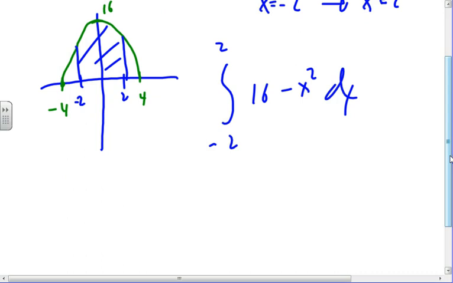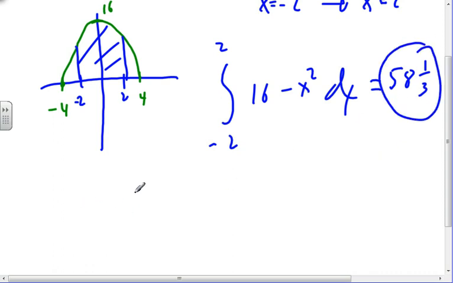So, second function, the integral from minus 2 to plus 2 of 16 minus x squared. And my answer is 58 1/3.